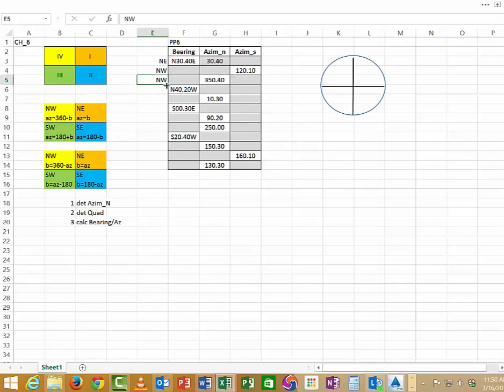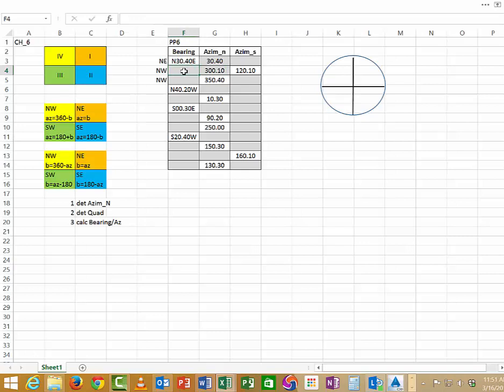Oh, they're both northwest. This one here would be 120 plus 180. So once I have my north azimuth, then I know it's greater than 180 coming from the north. Remember, the north azimuth coming around, it's greater than 270.